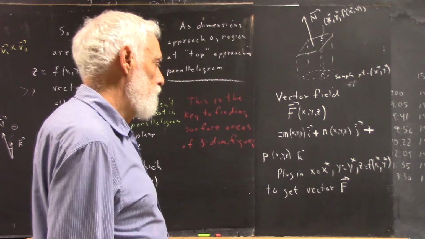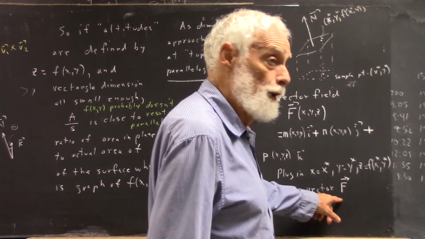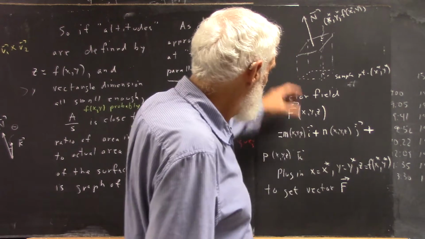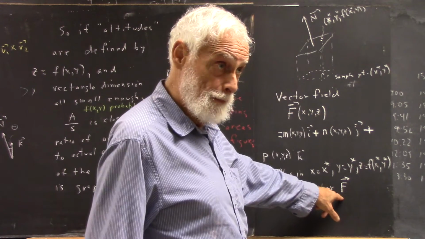To get our vector that I'll just call plain old f. We've plugged in the coordinates of the points, and now we've got a vector.